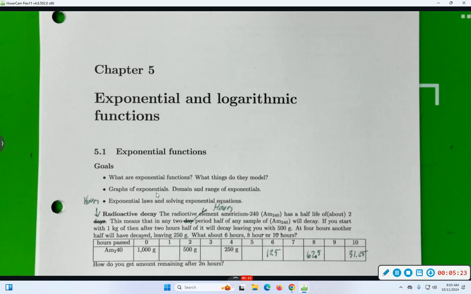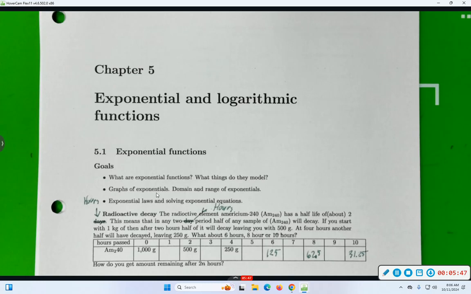In general, if you wanted to know how much of this substance is left after 2 times n many hours, how would you get that? What would you need to do? Well, you need to divide by 2 a bunch of times, right?